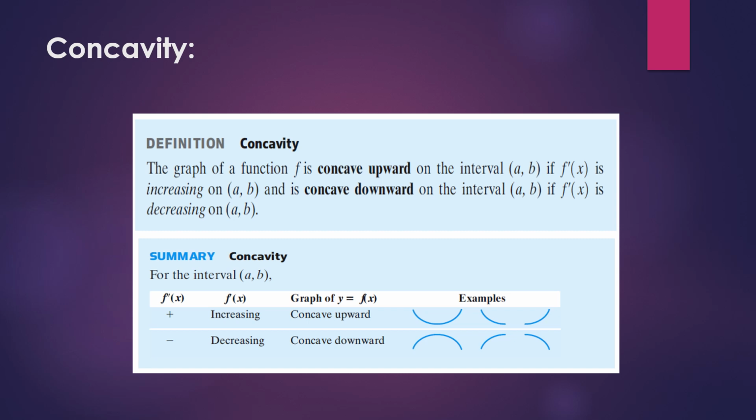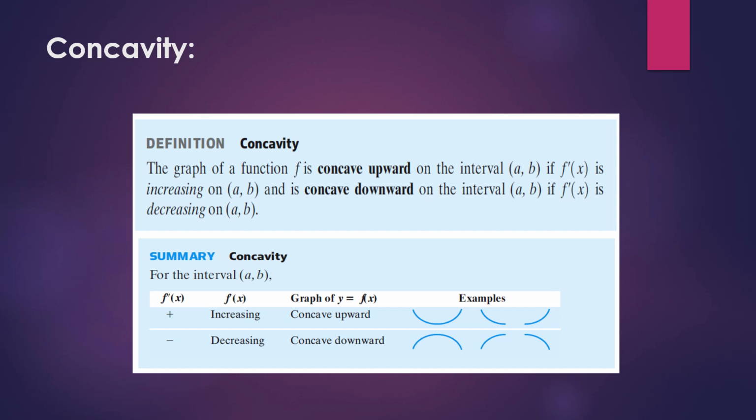So if you think about what f prime represents on a graph, f prime is the slope. So they're saying if the slope is increasing on an interval, we say it's concave up. If the slope is decreasing on an interval, it's concave down.